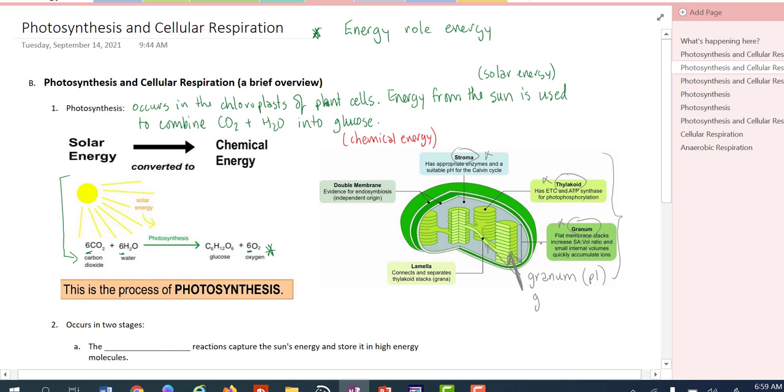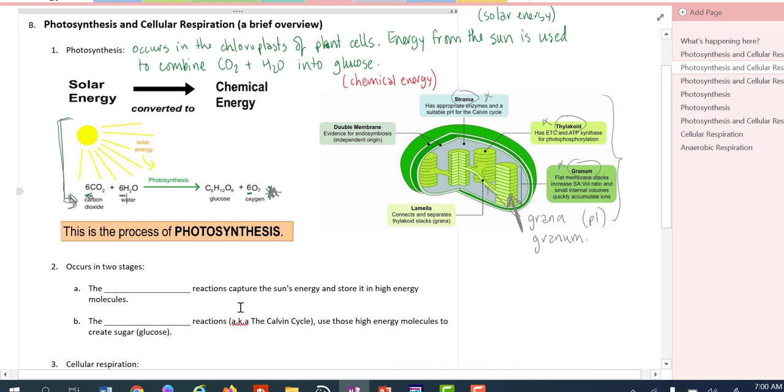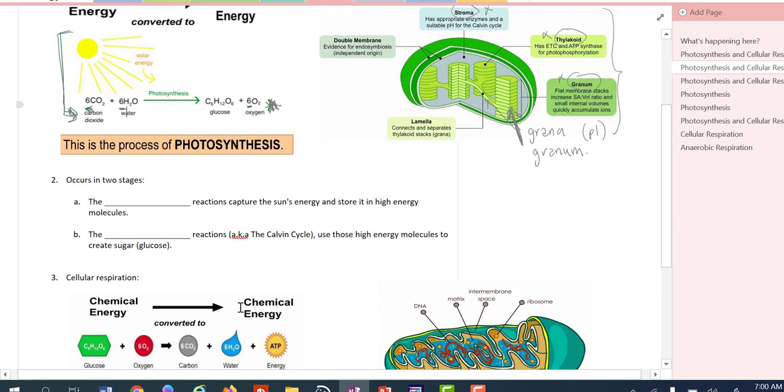Multiple stacks of them are called grana, and a singular stack is called a granum. We'll look at this in more detail when we break down the reactions. But this is the reaction of photosynthesis, and we want to make sure that we know the formulas and the balanced chemical reaction. So that's a very brief introduction to photosynthesis.